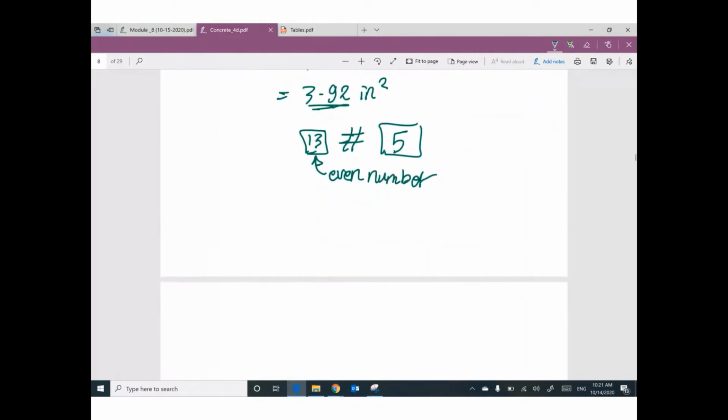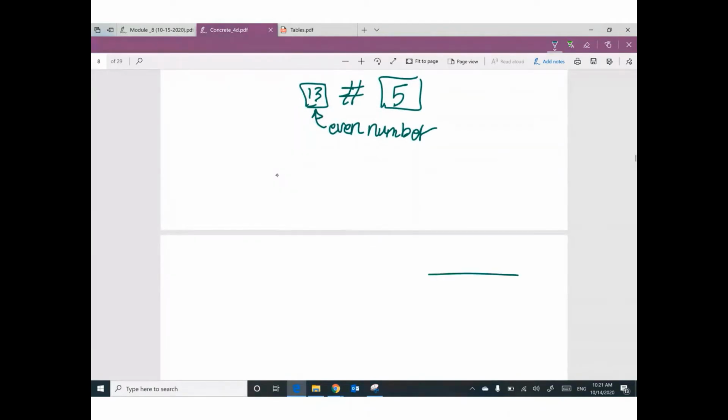Okay, let's try to distribute 13. 1, 2, 3, 4. 1, 2, 3, 4. 1, 2, 3. So this is 13.